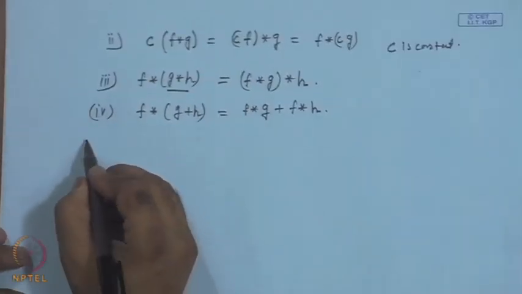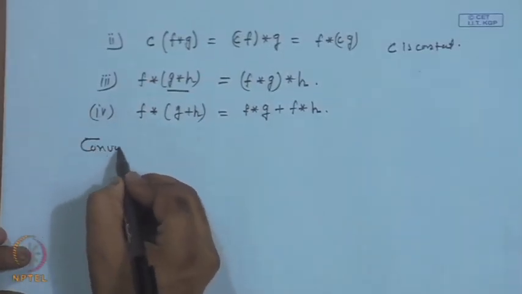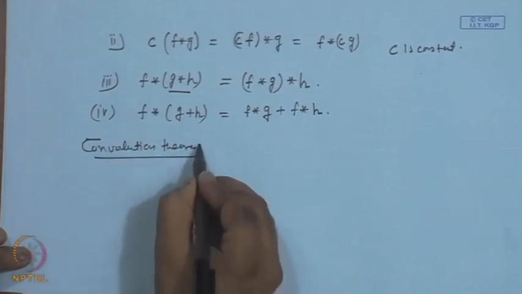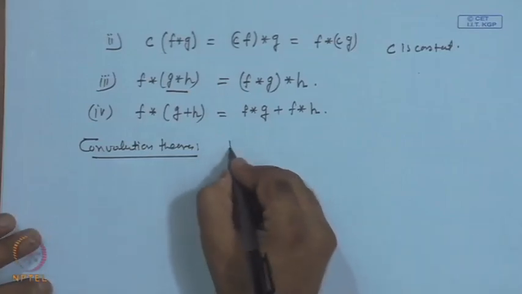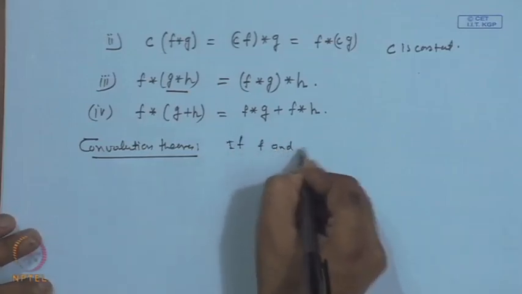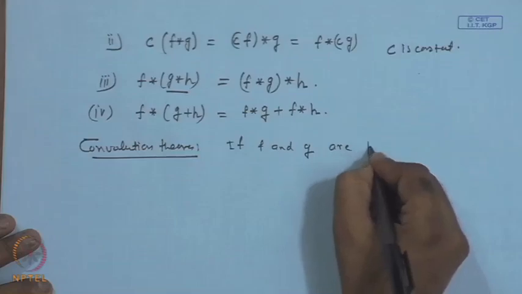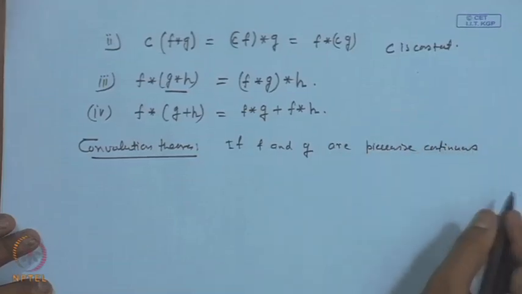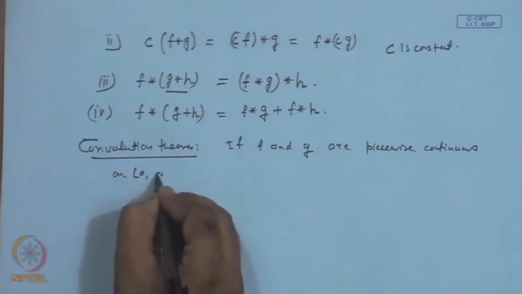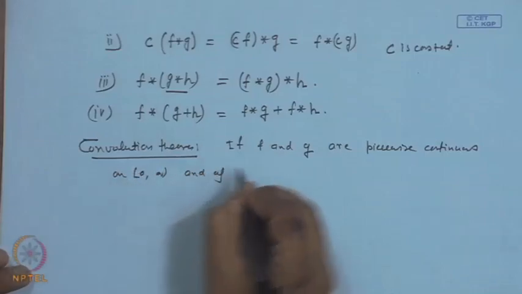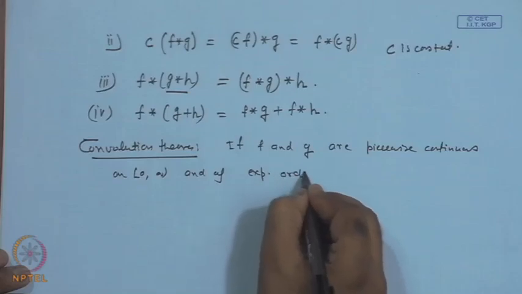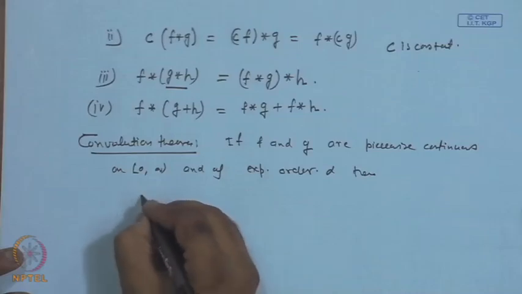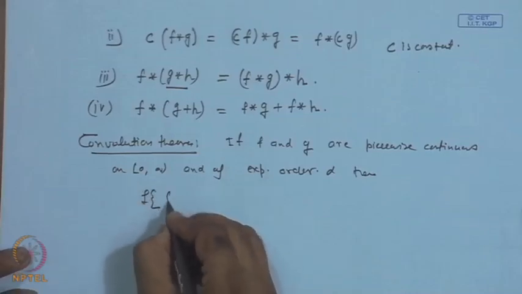Now, we go to the important theorem, and that is the convolution theorem for the Laplace transform. So, if f and g are piecewise continuous on 0 to infinity and of exponential order alpha, then we have a very nice result for this convolution.